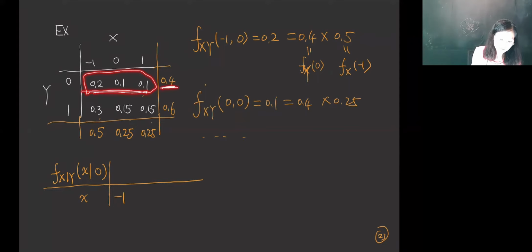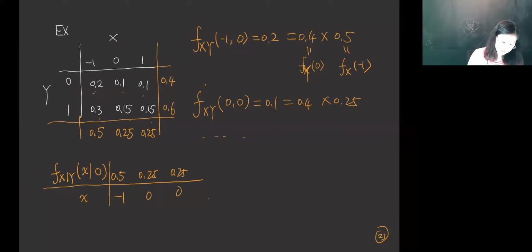So divide 0.2 by 0.4, that's 0.5. Divide 0.1 by 0.4, that's 0.25. Divide 0.1 by 0.4, that's 0.25.